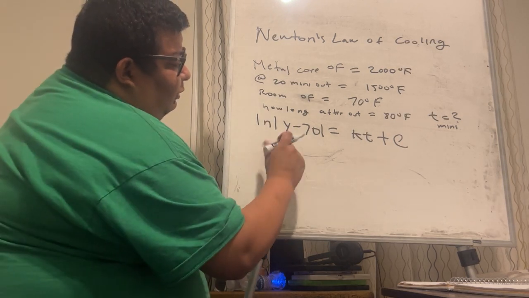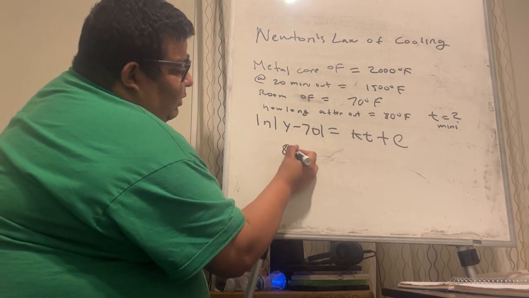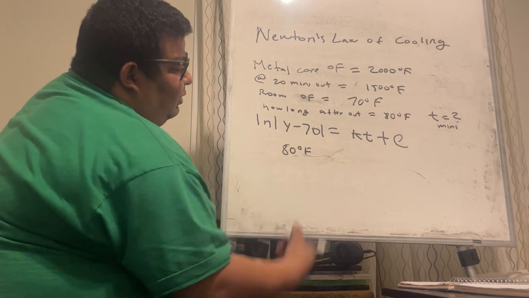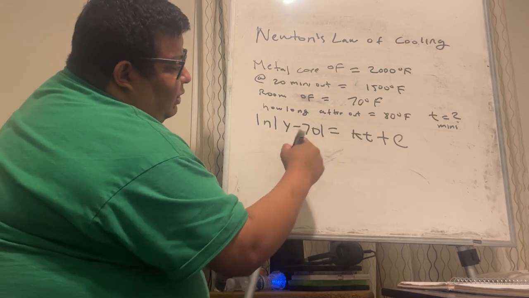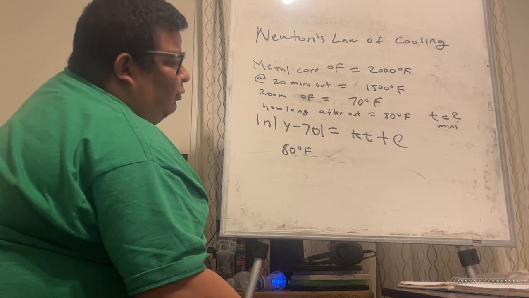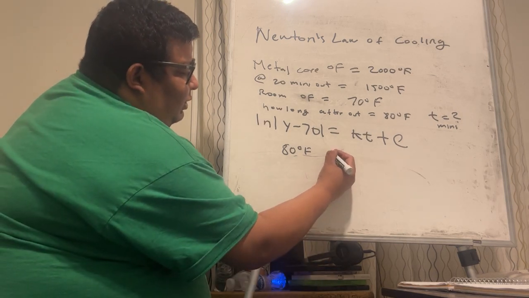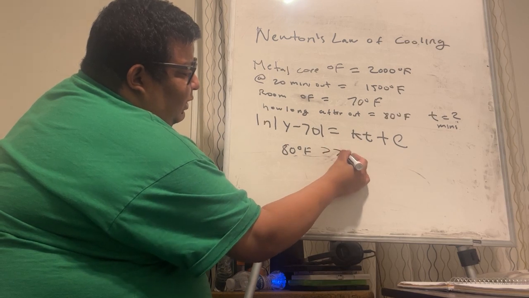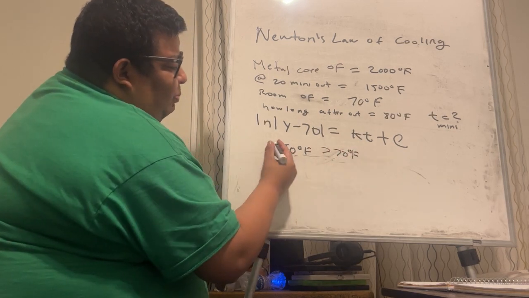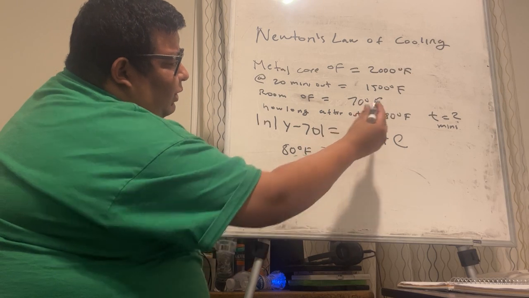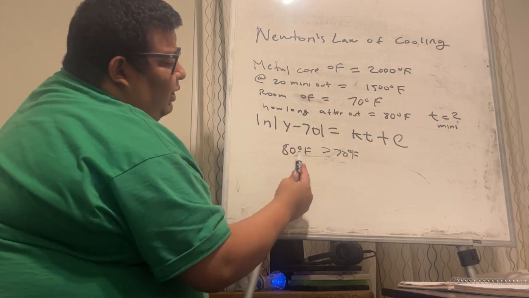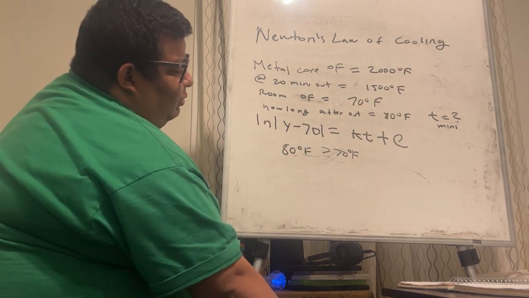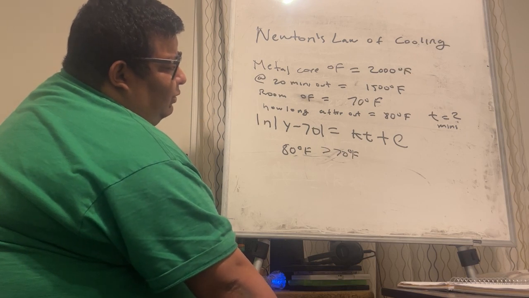Remember, the final temperature is 80 degrees Fahrenheit. That means that this quantity, y minus 70, is always going to be greater than 0 for our model. The temperature that varies from 1500 down to 80 is always going to be greater than 70.